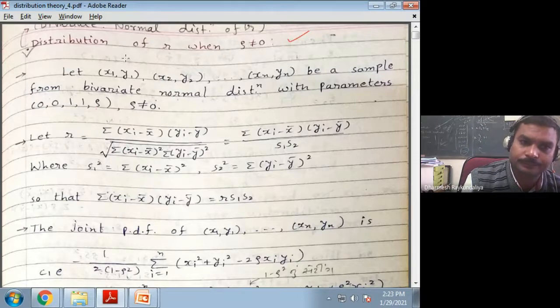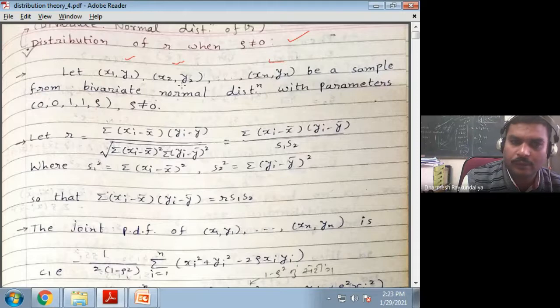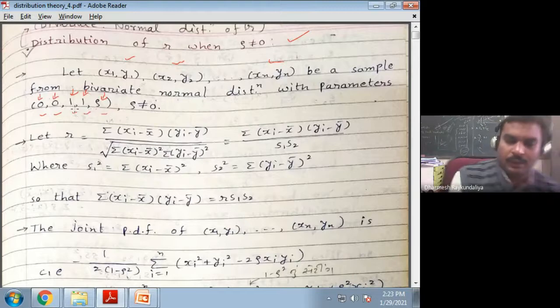So let x1, y1, x2, y2, up to xn, yn be a sample from a bivariate normal distribution with parameters 0, 0, 1, 1, rho. Because we know the parameters of the bivariate normal distribution: first is the mean of x, second is the mean of y, then the variance of x, the variance of y, and rho is the population correlation between x and y.